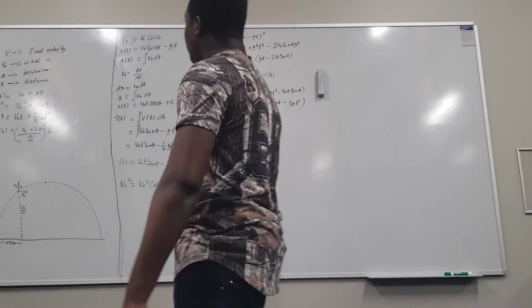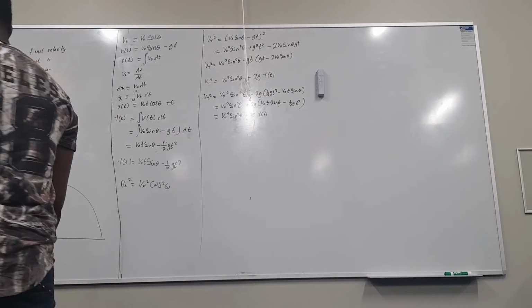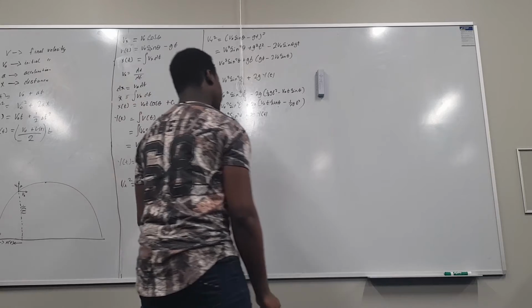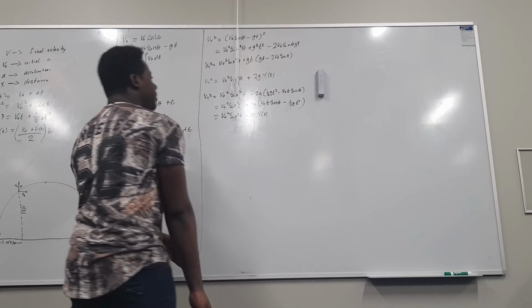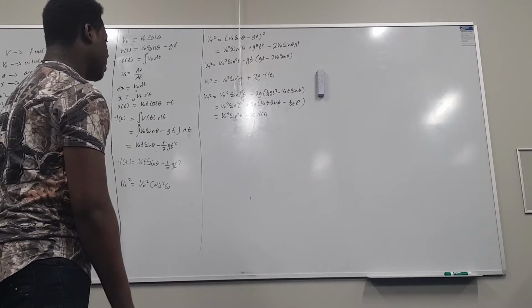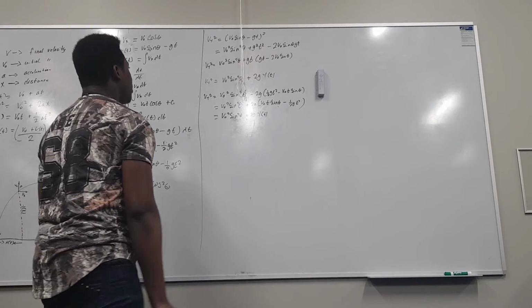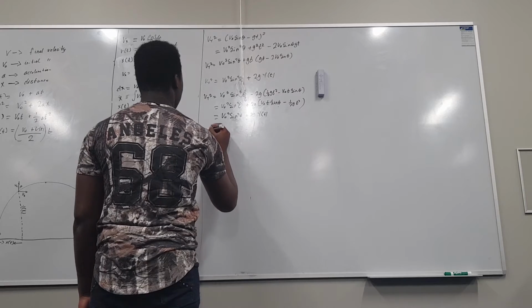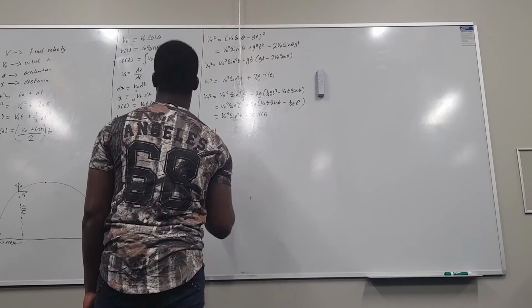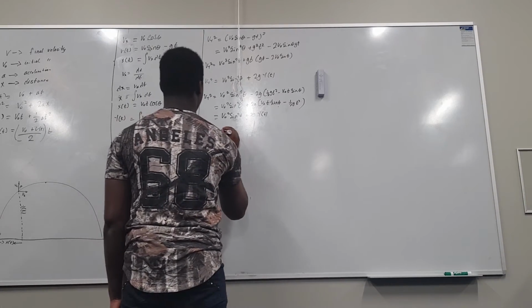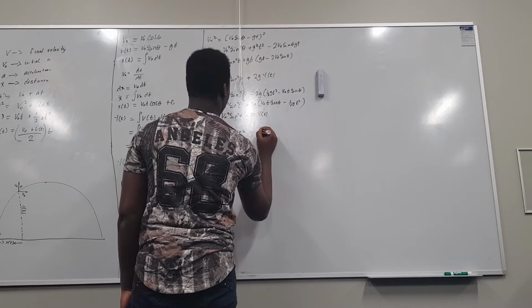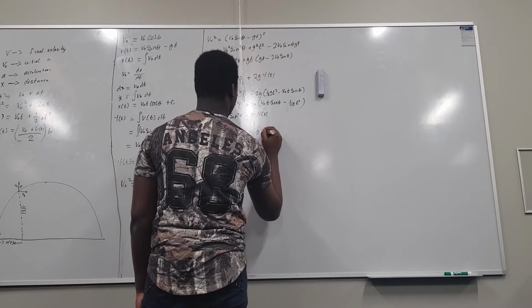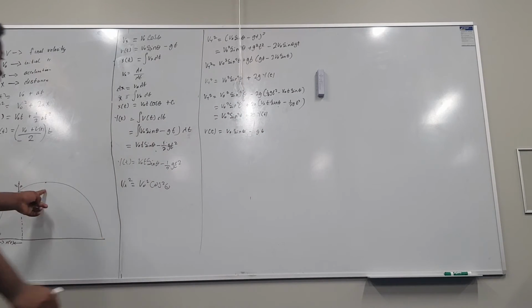Now we're looking for the ideas we use to describe the motion of a projectile, such as the time taken to reach maximum height and so on. So for v of t, the vertical component, equal to v naught sine theta minus gt. At the highest point, the vertical component is 0.